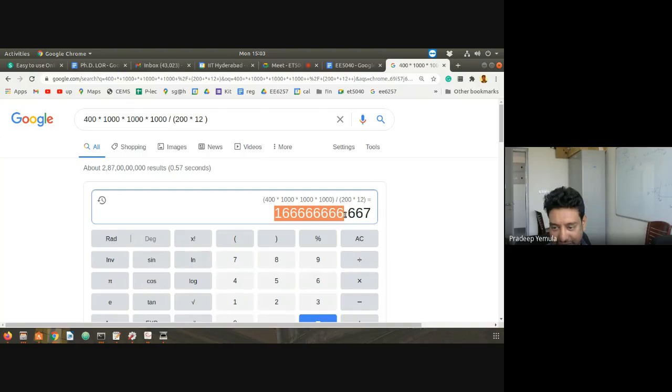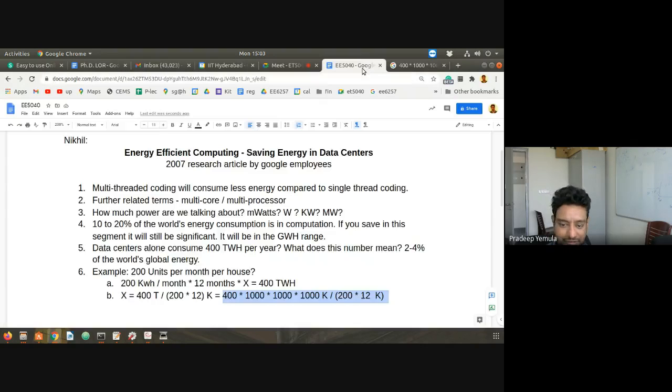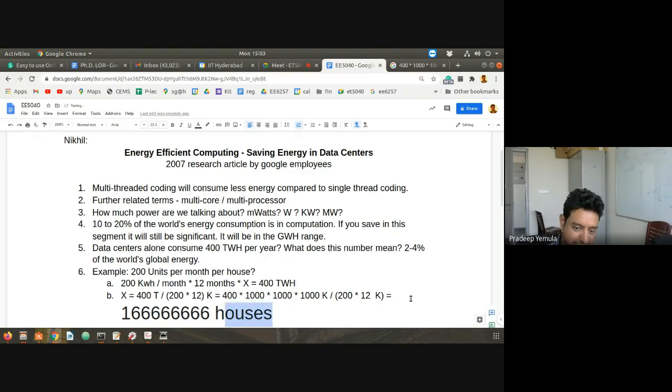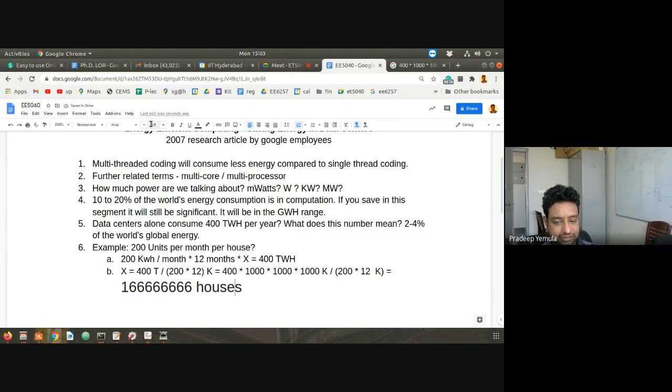Okay, good. Anyway, so what I'm saying is, here I'll put the commas, and it is about 166 million houses. In our Indian terminology, 1 million is 10 lakhs, so that is about 16 crore houses.